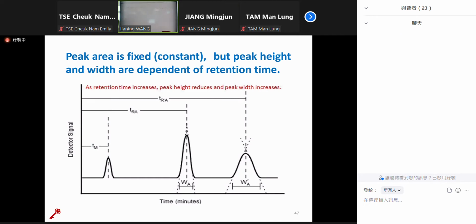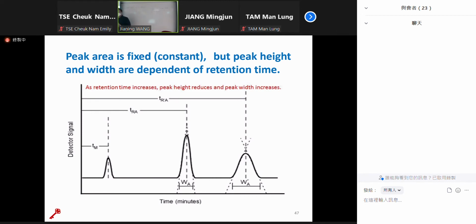We would like to avoid this phenomenon, but it's unavoidable, so we want to minimize it. You should know this always happens: along the time, the peak gets wider and lower for a certain peak.